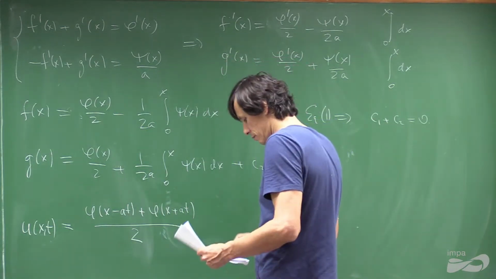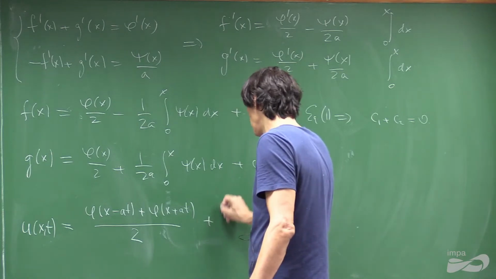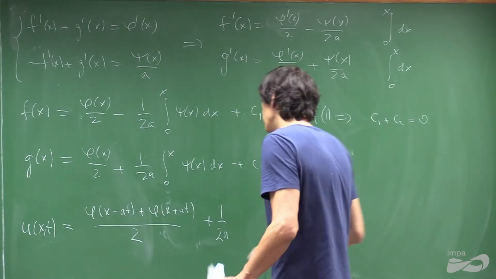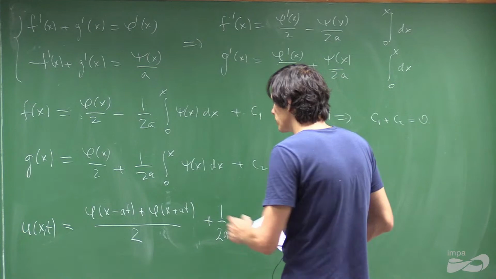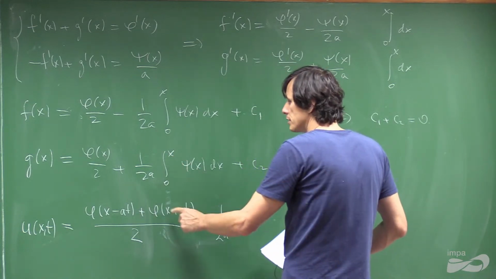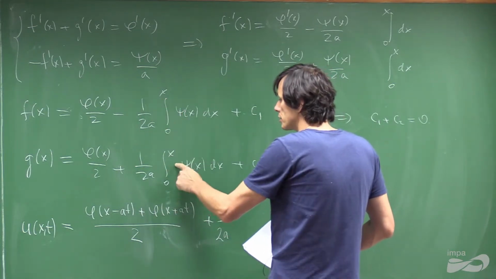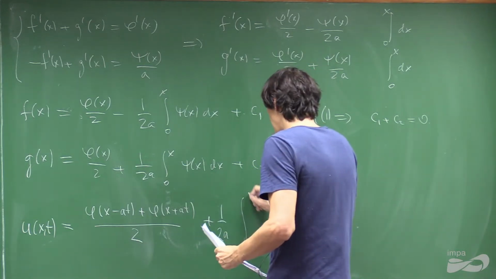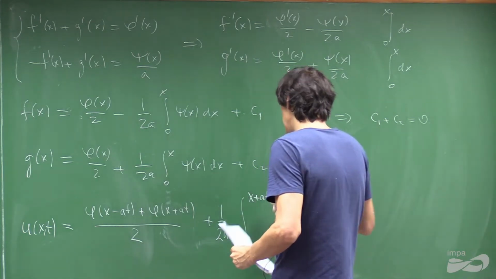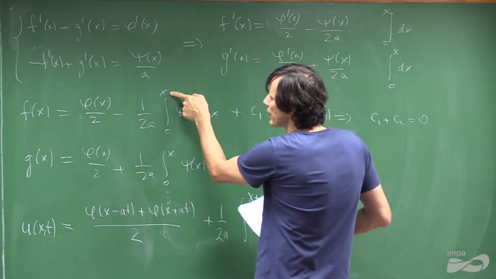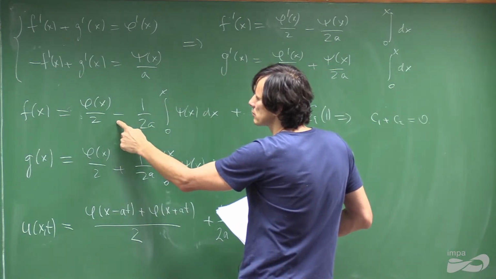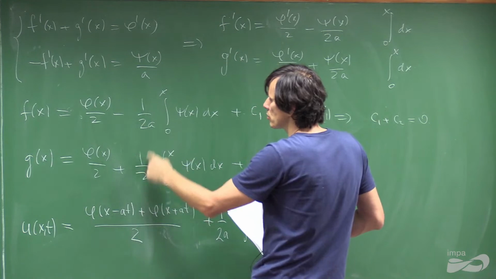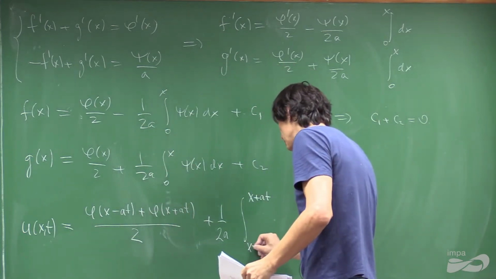So it will be plus 1 over 2a. But look, this integral will come with x plus at, and this integral will come with x minus at and with a minus. So when you subtract, it's the same as putting x minus at below.